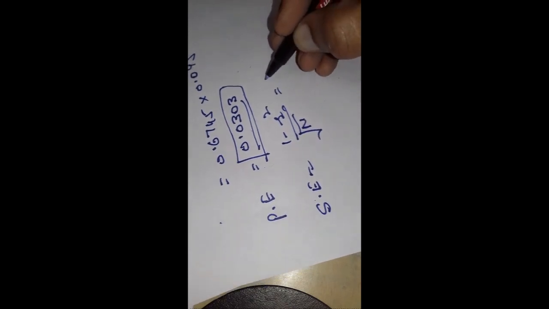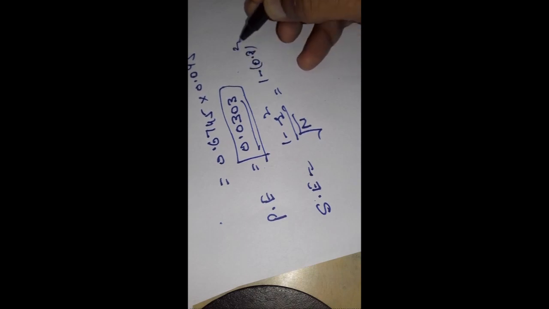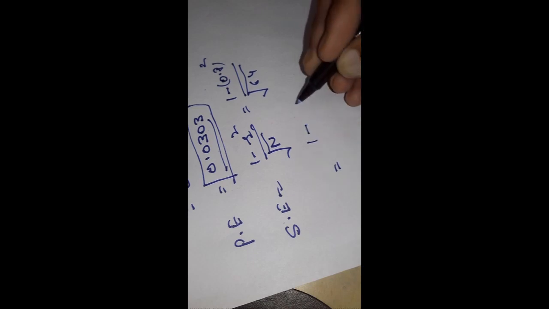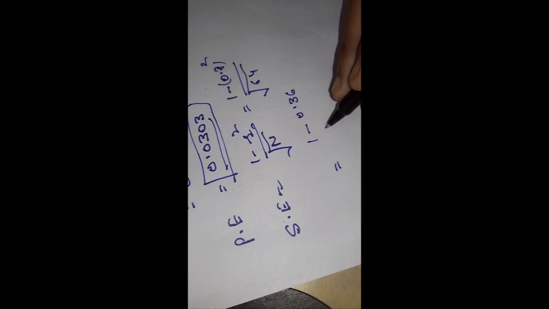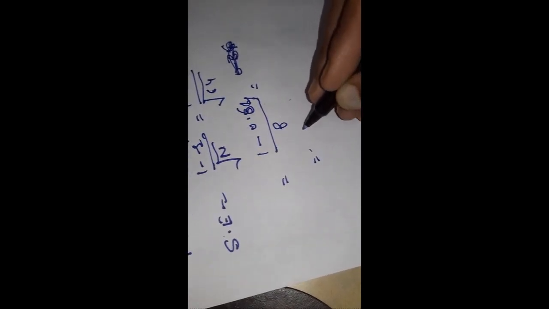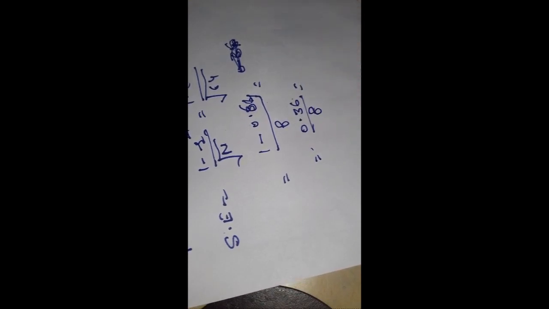As we had already solved it, it was 1 minus 0.8 squared, divided by the square root of 64, which equals 1 minus 0.64, which is 0.36, divided by 8. 0.36 divided by 8 equals 0.045.